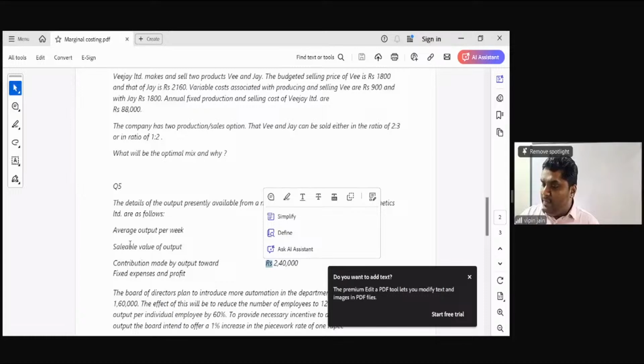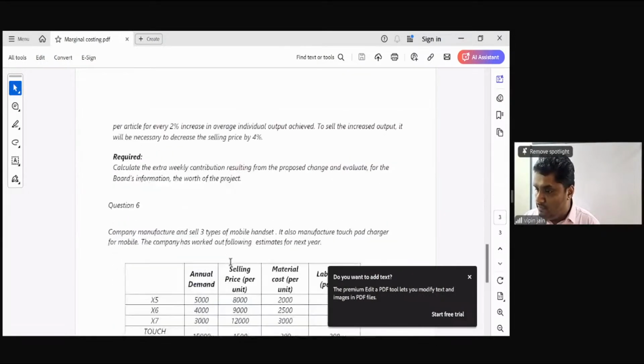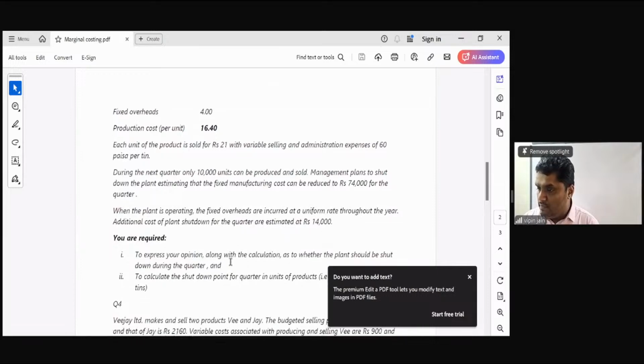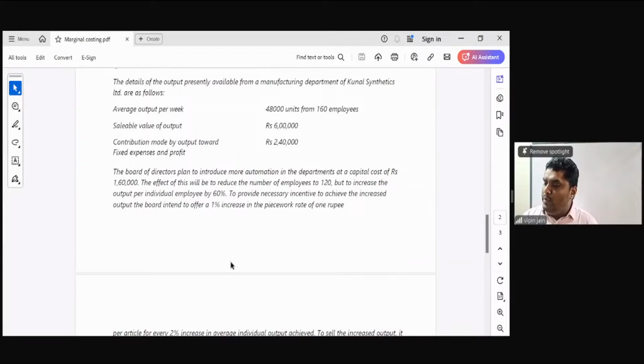The board of directors planned to introduce more automation in the department at a capital cost of 1,60,000.